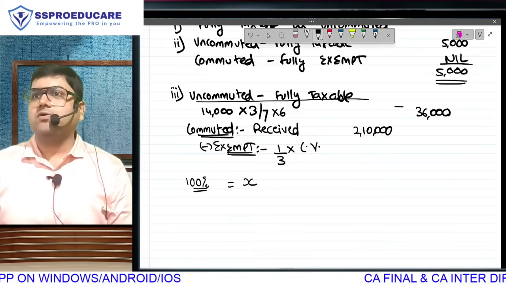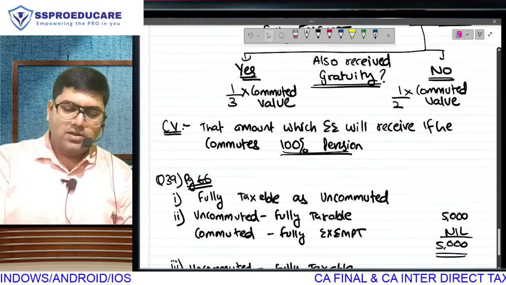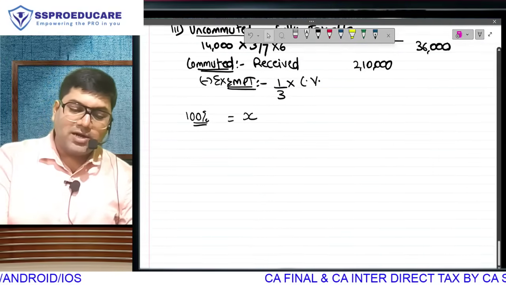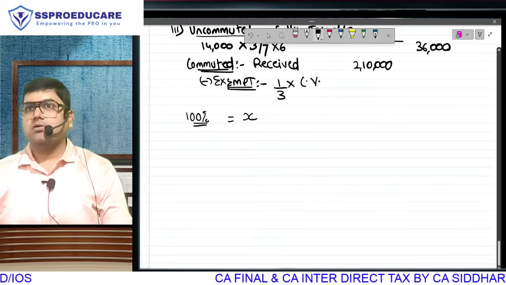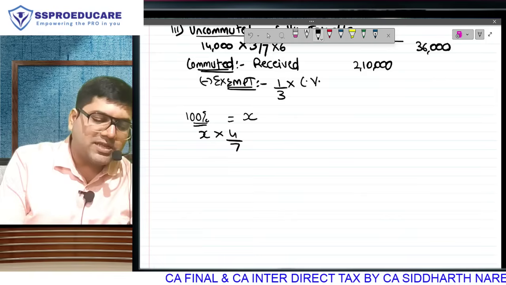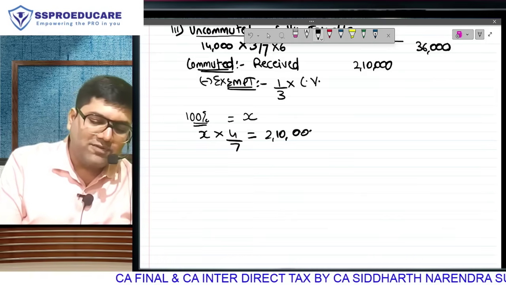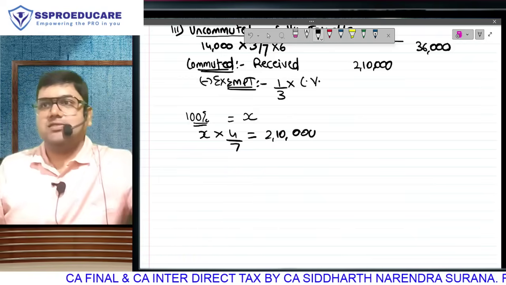So conceptually, you are not clear. Commuted value is that value if I commute 100%. So in this case, if I commute 100%, how much will be that amount? Because 1/3 and half will apply on that amount. That X ka 4 by 7 में we have received 2,10,000, because I have not commuted the entire amount. I have commuted only 4 by 7. समझा क्या?